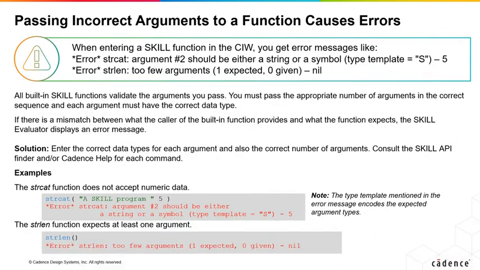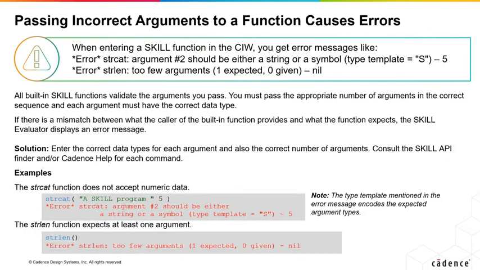So here's an example where we're using the strcat function, and we're passing in, in this case, a string and a piece of numeric data. strcat is designed to take strings and not numeric data. So here we have an incorrect type of data, and the message is actually fairly clear.